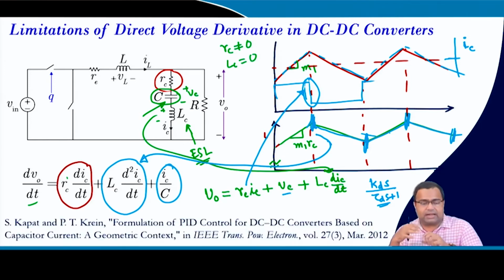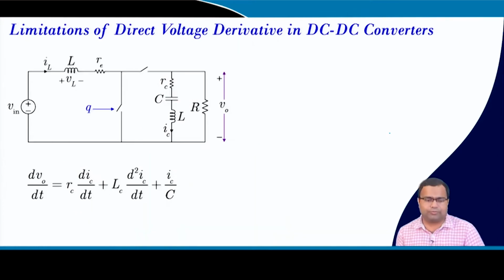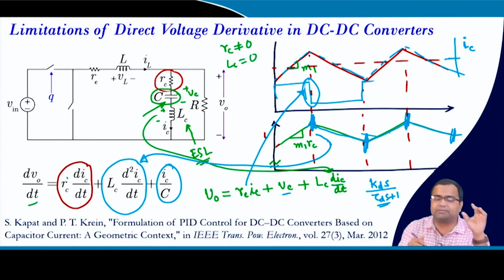This was shown in this paper with experimental results. If you take the actual derivative, there can be a real jump in the output voltage. Though we can reduce this effect by proper layout, it is still difficult to totally reject this effect.